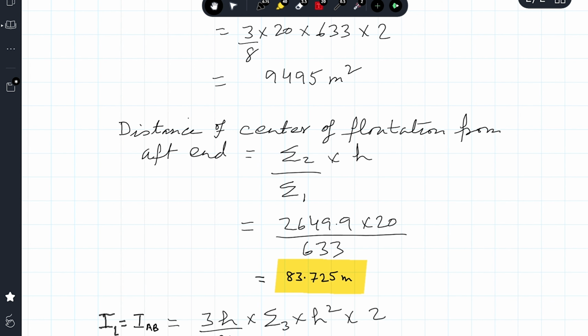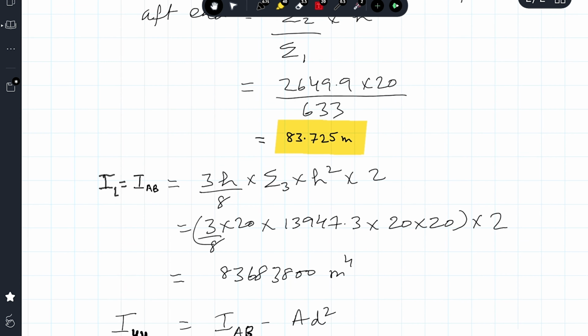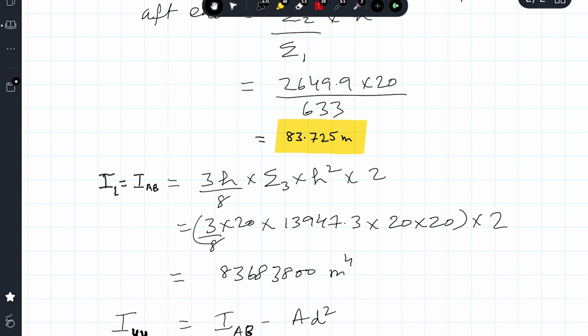This is summation 2, the moment function, upon area function into h, and I get 83.725 meters. This is the distance of center of rotation from aft end. You can say LCF. So 83.725 is the LCF.